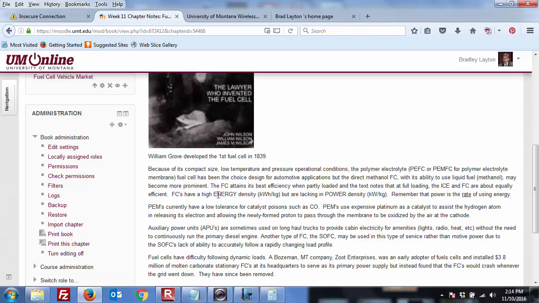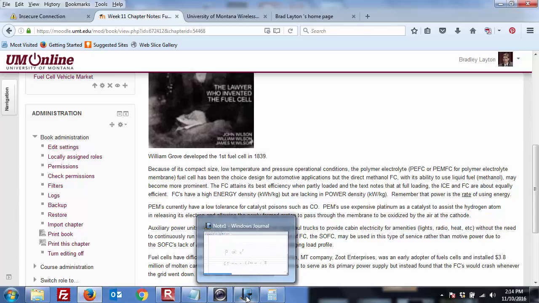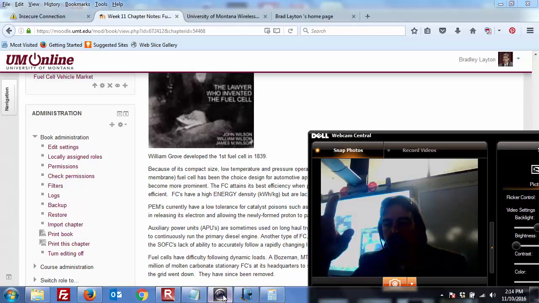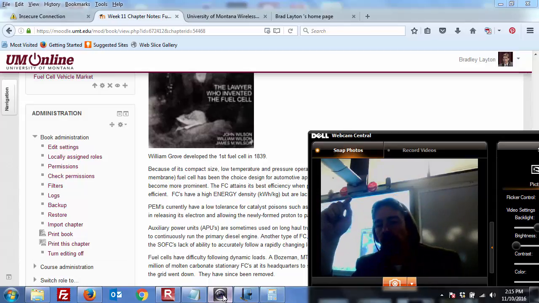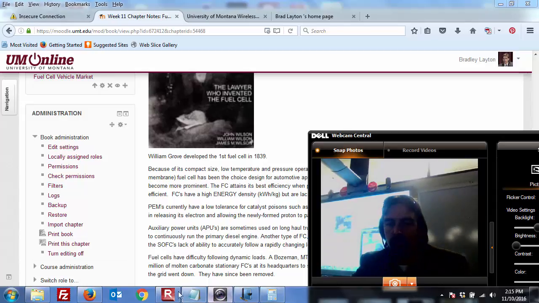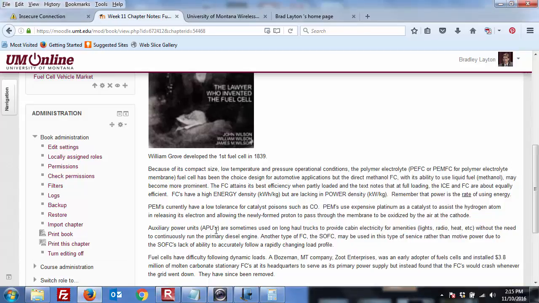Fuel cells have a very high energy density, but lack the power. It's difficult, with all of the complicated electrochemistry flowing through a fuel cell, to get the large mass flow rate of the fuel through to combine with the oxygen and then make your electricity.